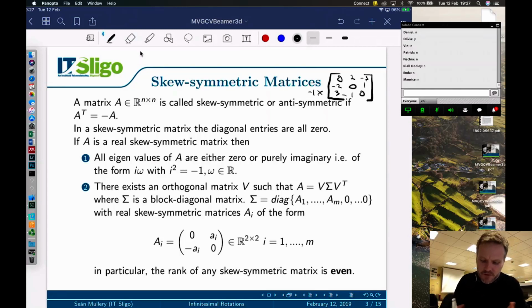There are a few little things that I've written down here, though if I was going again, I'd probably have written down some different things as well. All the eigenvalues of A are either 0 or purely imaginary. Now, what would the trace of this matrix be? Remember, the trace is just adding the numbers down the diagonal. You'll get 0.